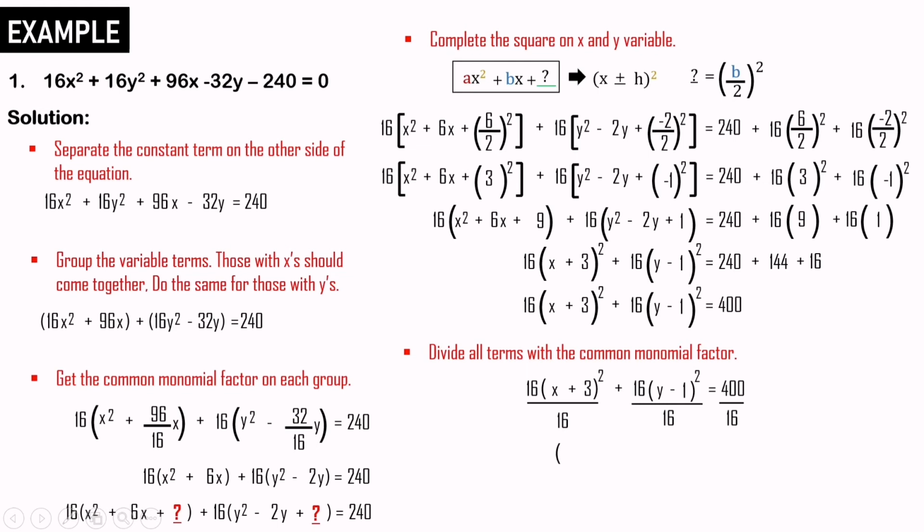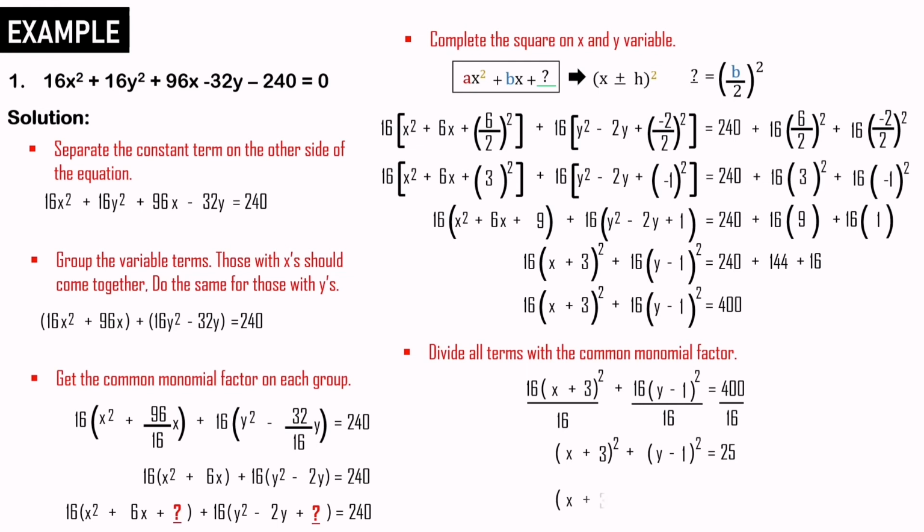Okay, so we have x plus 3 quantity squared plus y minus 1 quantity squared is equal to 400 divided by 16 is 25. And then we get the square root of 25.